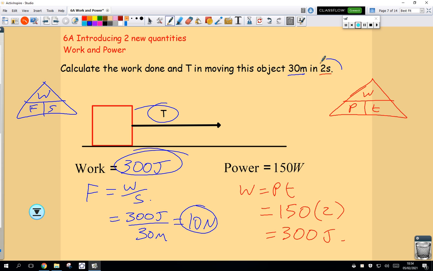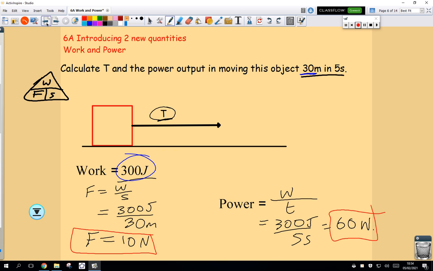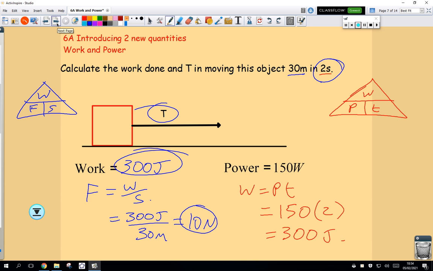However, the time here is different. This was 2 seconds. In the previous example, it took a bit longer. That would mean if it's taking longer to do the same work, that means it's less powerful. So that force is less than this other force here.